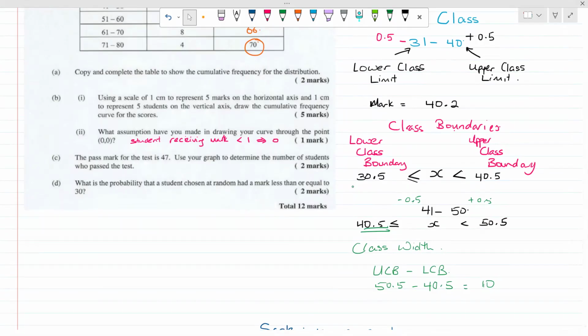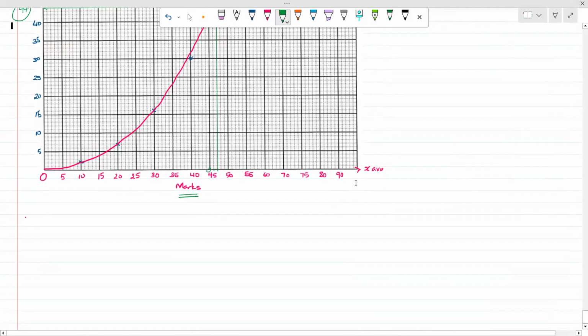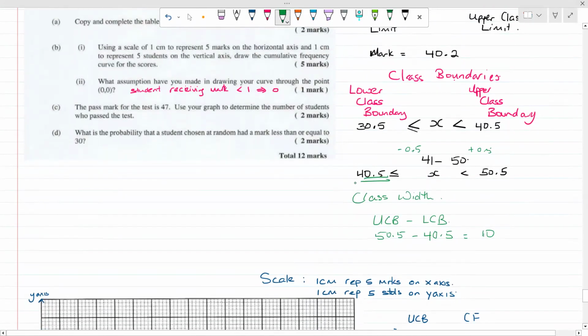What is the probability that a student chosen at random had a mark less than or equal to 30? So if we go and look at the mark 30, draw a line going up to our cumulative frequency curve, and then one coming across. We're looking at about 16 students. 16 out of 70. So probability is going to be the successful event over the total number of events.